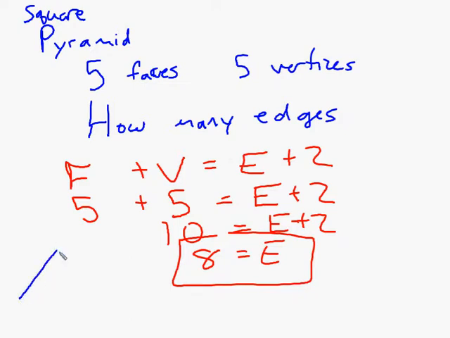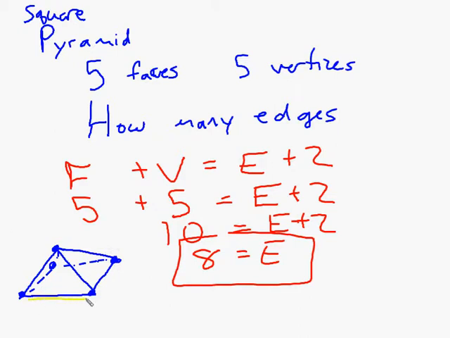So, here's our pyramid. Now remember, we're using dotted lines to mean hidden sides. So I have a couple hidden sides right here, right? Okay. So let's count. There's my 5 vertices: 1, 2, 3, 4, 5. And we were looking for the number of edges, right?